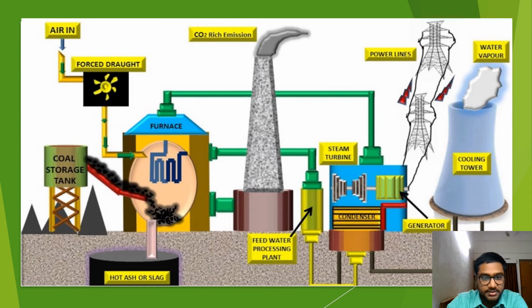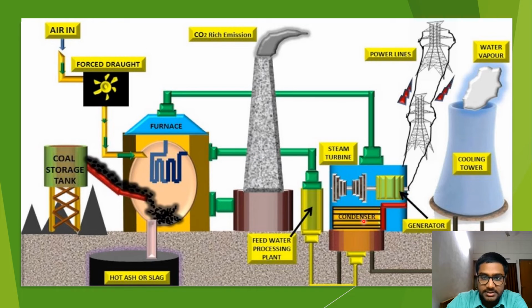Okay, so this is a whole thermal power plant at a glance. This is the coal storage tank feeding into the furnace, air is being pumped in for the oxygen, then this is hot ash and slag, and this is the CO2 coming out from the coal burning process.